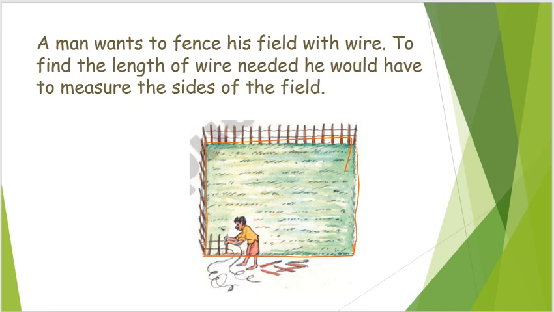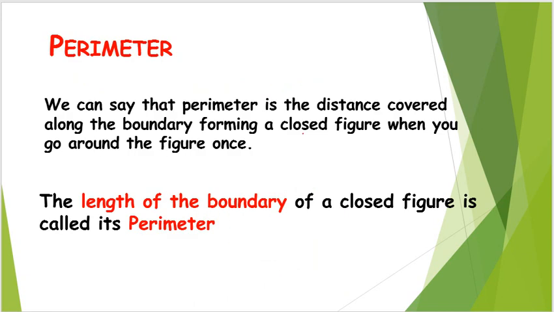If you add all those orange colored lines, that is the perimeter of this particular field. Different shapes have their own perimeters. So perimeter is nothing but the distance covered along the boundary of a closed figure when we go around the figure once.